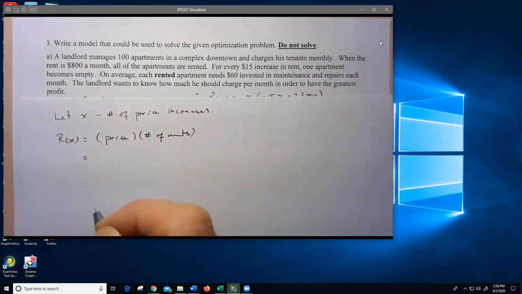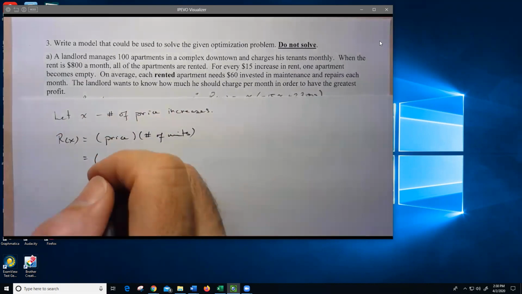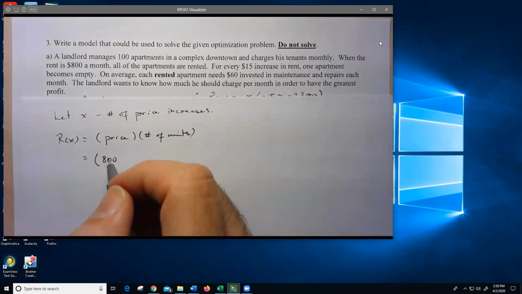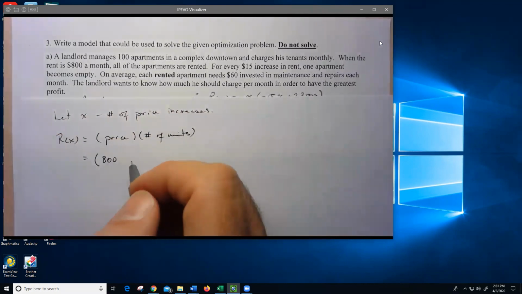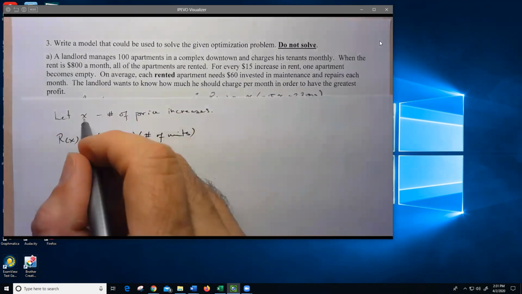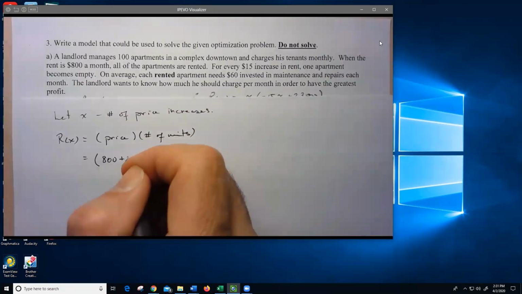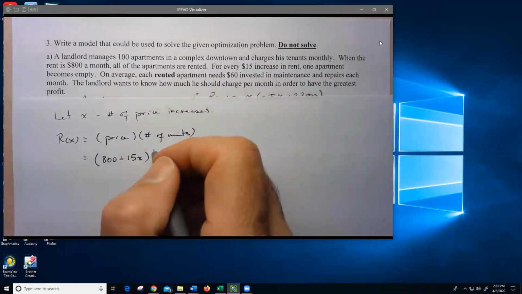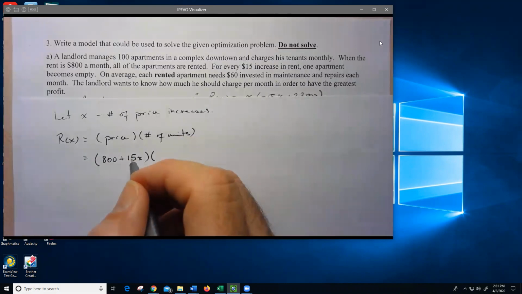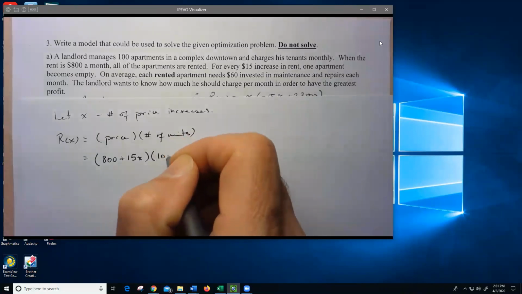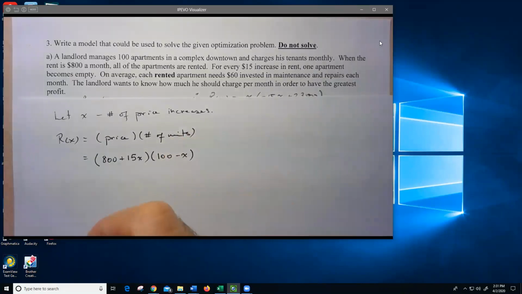The price starts off at 800, and then I'm adding $15, and then another $15, and then I could add another $15. Depending on the number of times I add $15, the price for my unit can be written as 800 plus 15x. And every time I increase by $15, the number of units goes down by 1, so that would be 100 minus x.